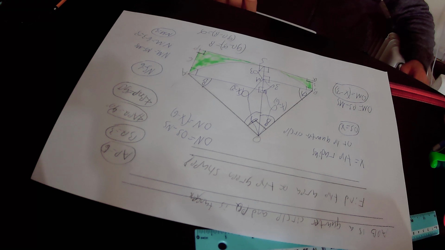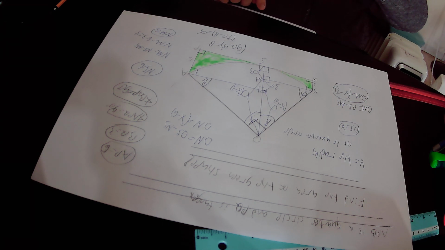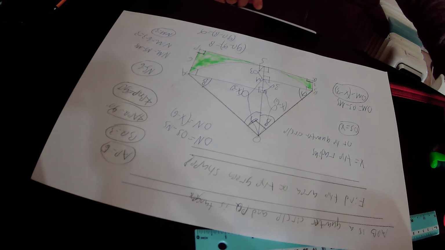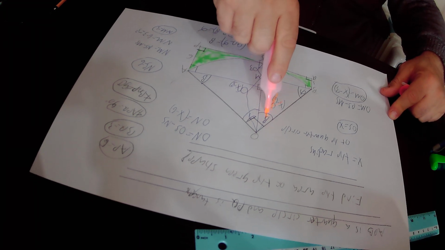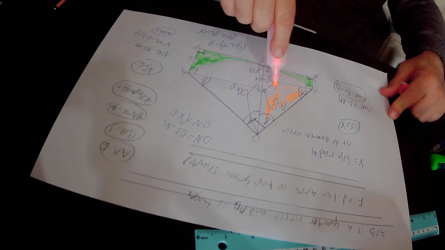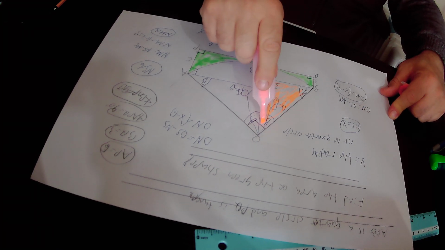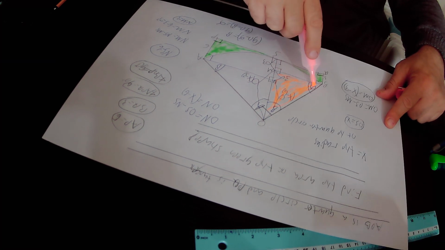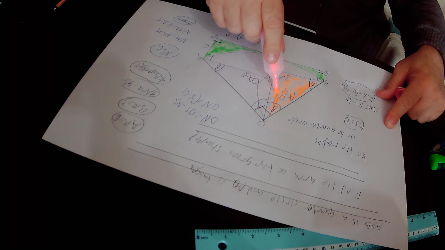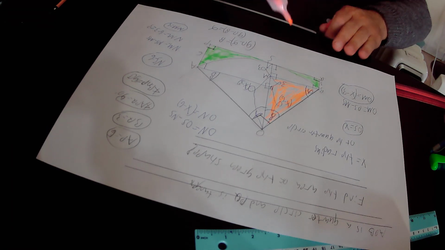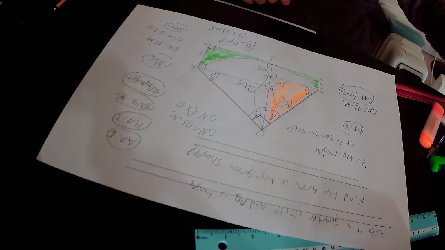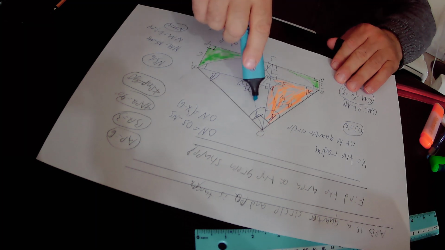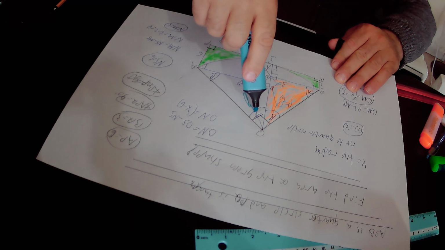So in the next step, we will prove that the right orange triangle OBM is congruent to the right blue triangle ONA.